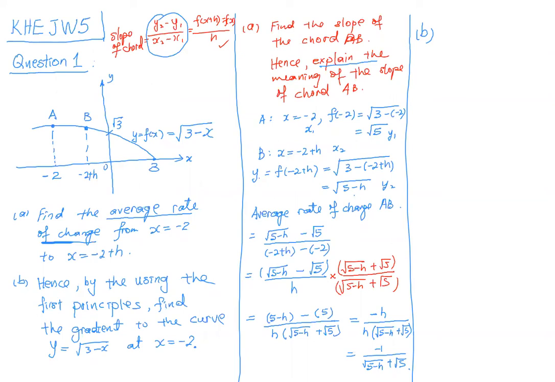Okay, so can I ask someone, just Jabashini, how to start part B? I can write either f prime of -2, or I just write dy/dx, okay? Jabashini, what should I write here? Can you please tell me?